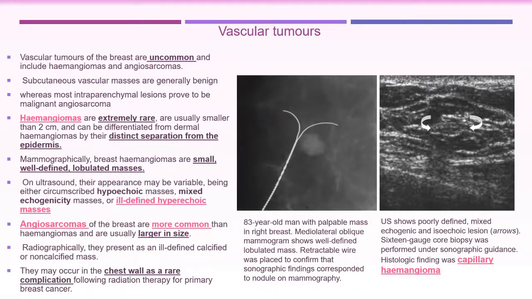On ultrasound, it can be hyperechoic or mixed, ill-defined. As in this case, it is mixed, and they did a biopsy, put the hook, and repeated mammography of the specimen to make sure they biopsied the same lesion. In this elderly lady, the pathology turned out to be just a capillary hemangioma.